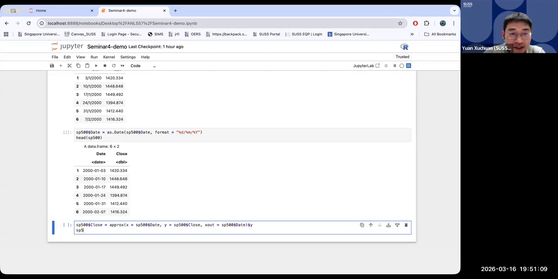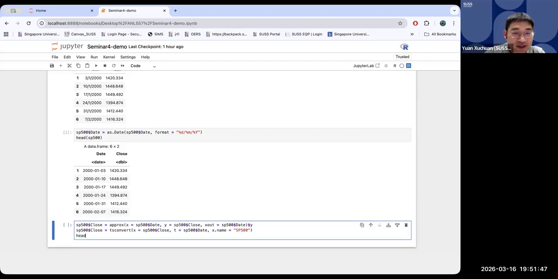Then we convert the close column into a time series object in R using the ts convert function, and we name this column SP500. This is what we did in the previous three seminars.